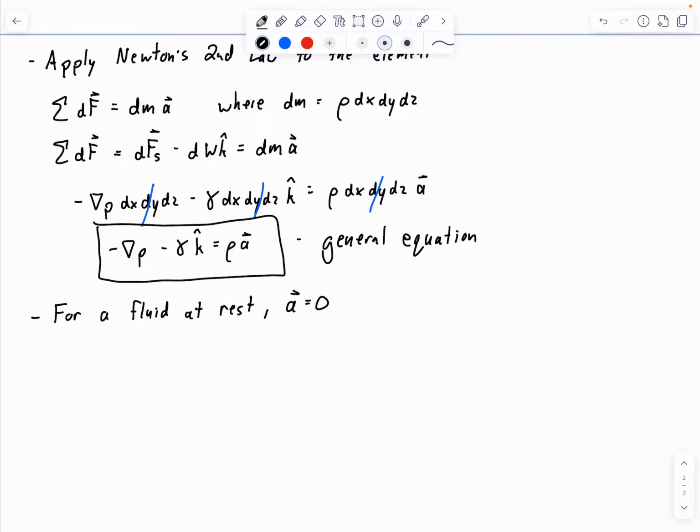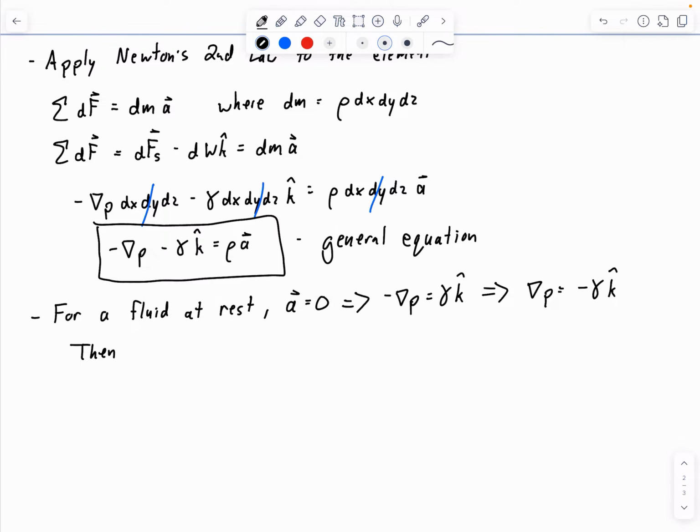And if that's the case, then our equation simplifies somewhat to negative del P is equal to gamma k. Or we can also write that as del P is equal to negative gamma k, which is the more usual way to write this. And so this describes how pressure varies. We have the pressure gradient is equal to negative gamma k.